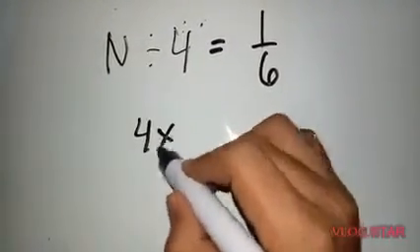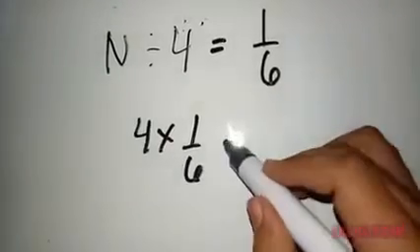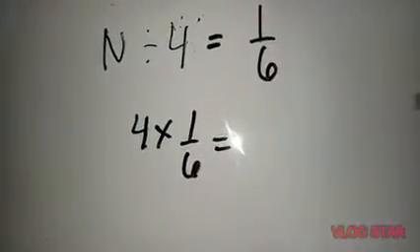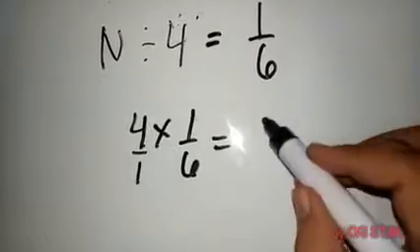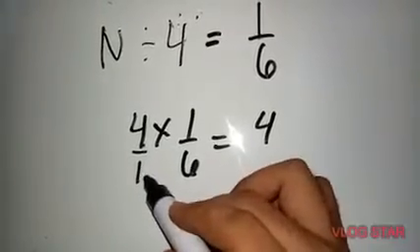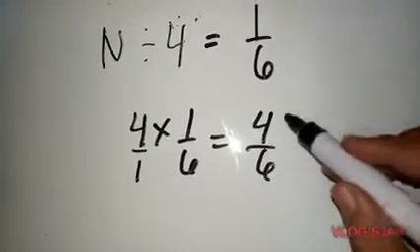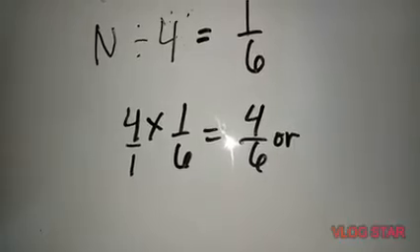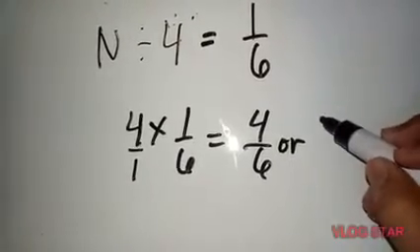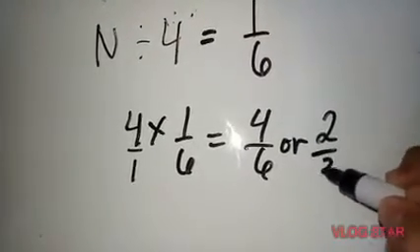So 4 times 1/6, you can just put 1 here. 4 times 1, 4. 1 times 6 is 6. 4/6, or we can simplify it to 2/3.